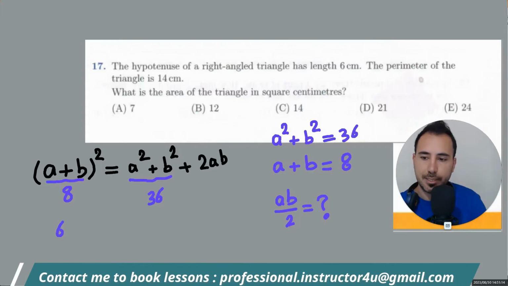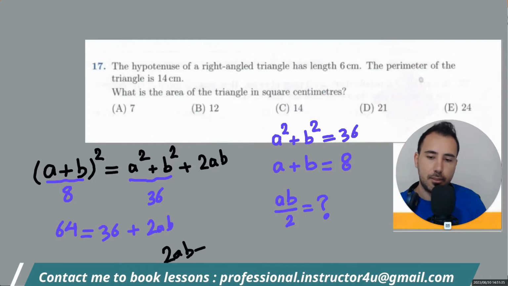So this will be 64 is equal to 36 plus 2 times AB. So from here, 2 times AB is 28.